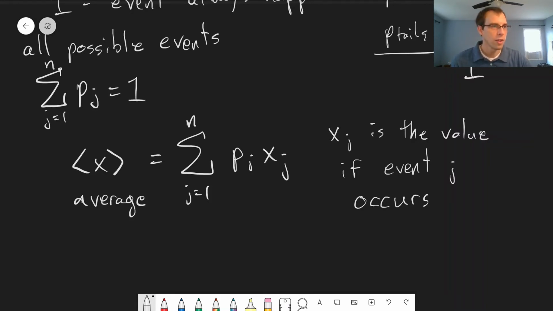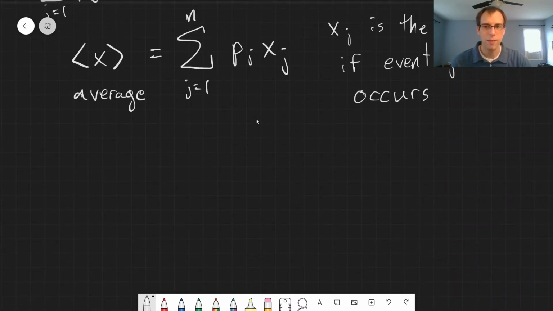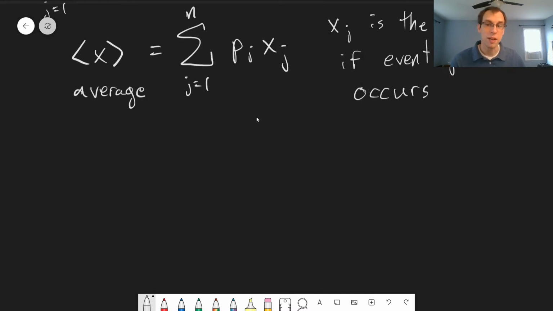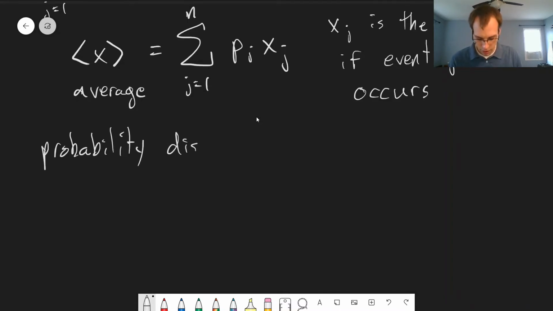One other thing we can do with probabilities: everything we've considered up to this point are discrete events. We have, say, 3 different things that can happen, or 4 different things that can happen. Or if we're talking about a dice, we have 6 different sides of the dice that could be rolled. But when we're talking about things in quantum mechanics, we often look at what are known as probability distributions, where we're not considering just a bunch of discrete events, but a continuous range of possible outcomes.